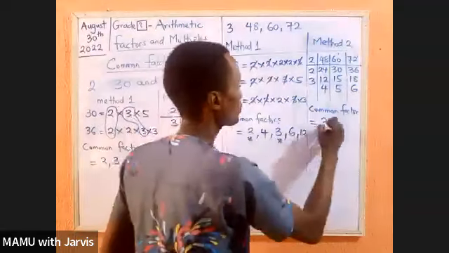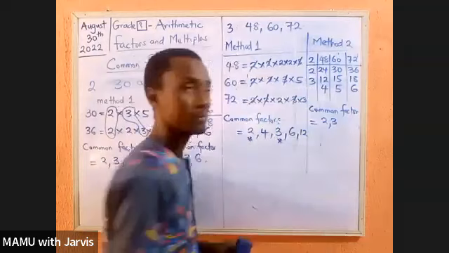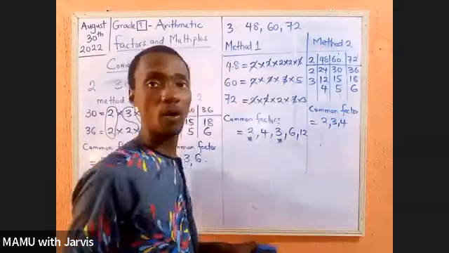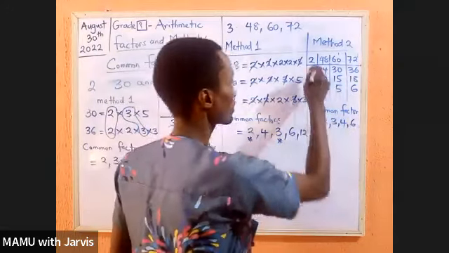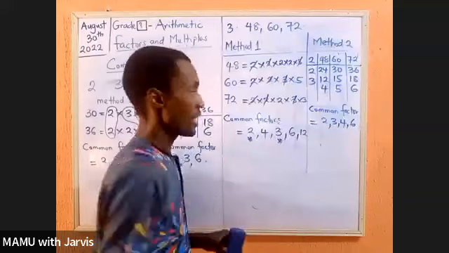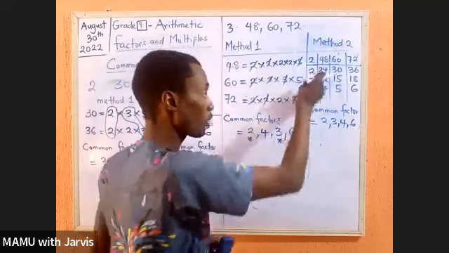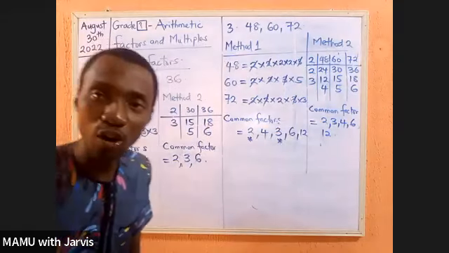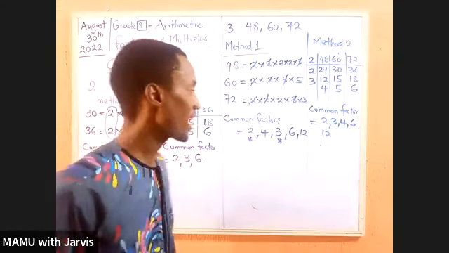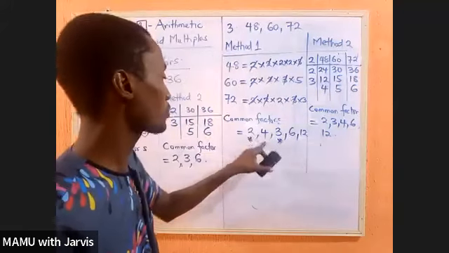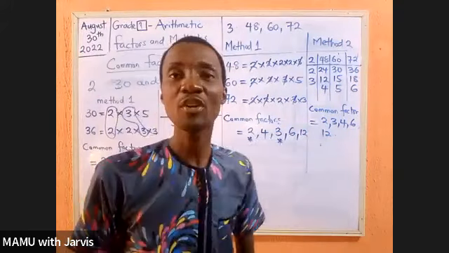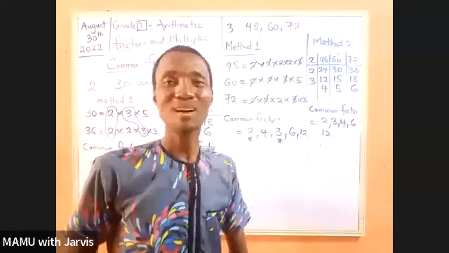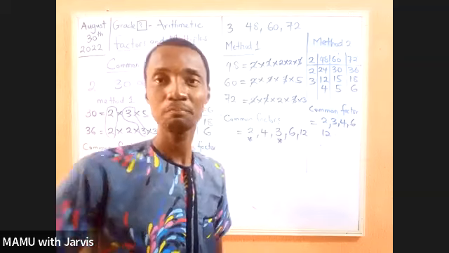I can see 2, I can see 3, I can see 4, 2 times 2 is 4, I can see 6, 2 times 3 is 6. Now, I can also see 12, multiply all of them together, I can see 12. So this gives me my common factors. So you see that in this setup, I'm having 1, 2, 3, 4, 5. 5 common factors. And this will bring us to the next concept we're going to go into.